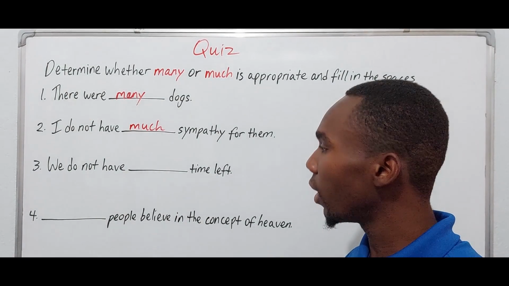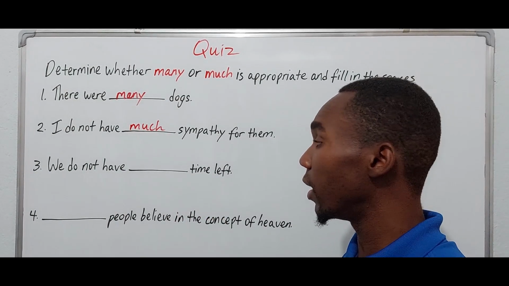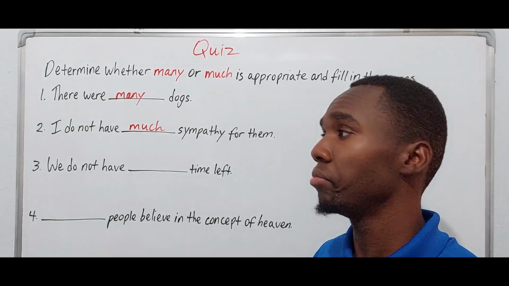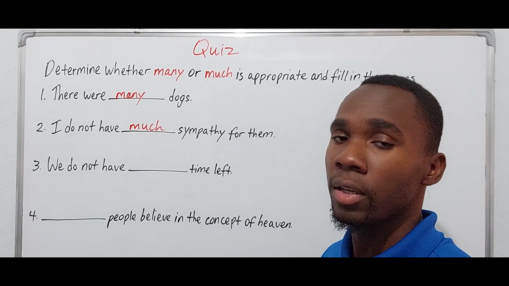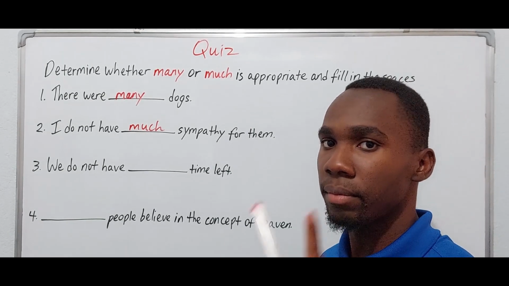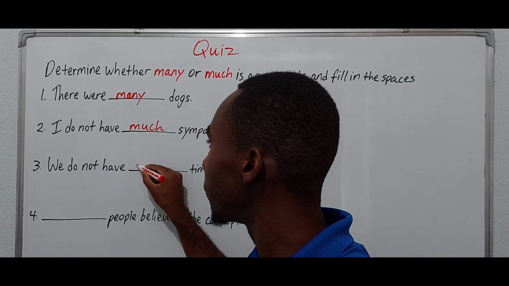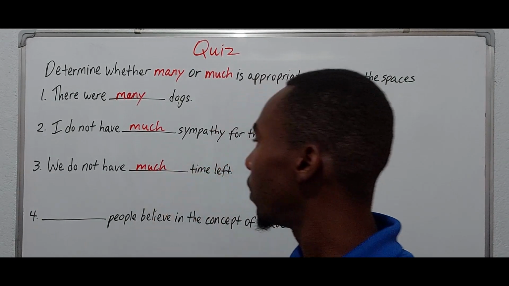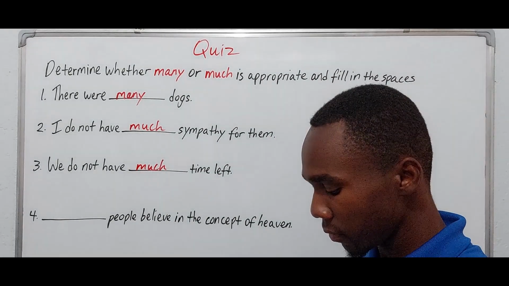3, we do not have time left. Time is singular. In this context, we're talking about time as a concept. Therefore, time is going to necessitate much. We do not have much time. And 4, people believe in the concept of heaven.